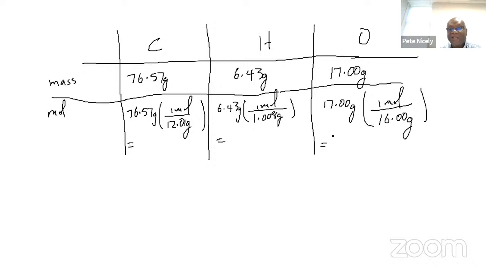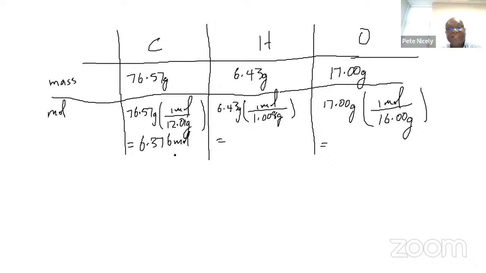So let me do that right now. In the case of carbon, it's 76.57 divided by 12.01. And according to my calculations, this works out to be equal to 6.376 moles. All right. In the case of hydrogen, 6.43 divided by 1.008.